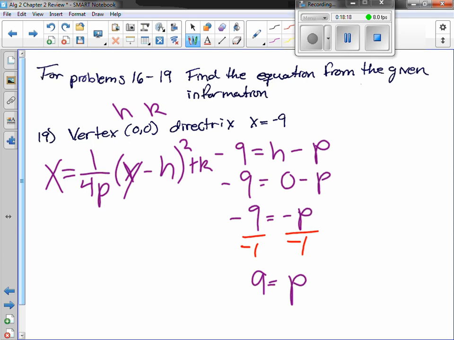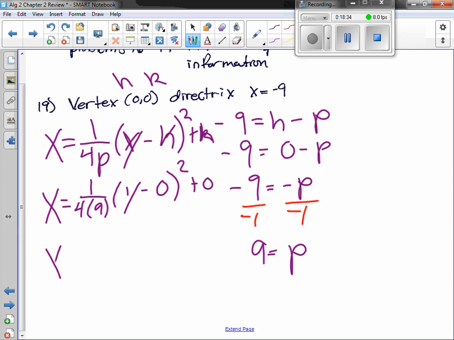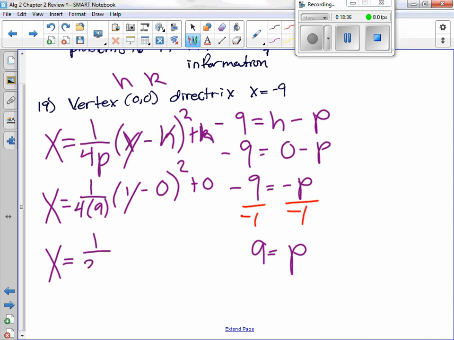Plug it in to find the equation. So we said p was 9, so we get x equals 1 over 4 times 9 times y minus 0 squared plus 0. Actually, that should be k, and that should be h. Well, 4 times 9 is 36.